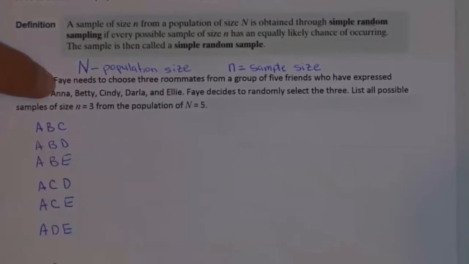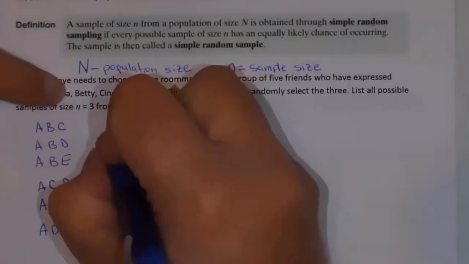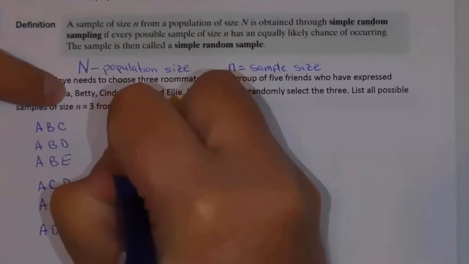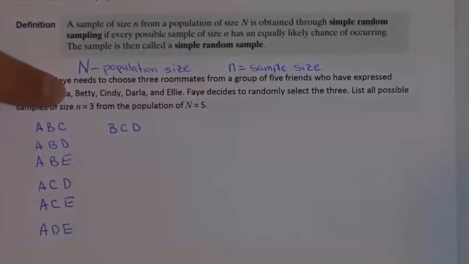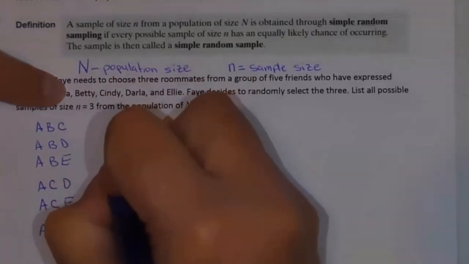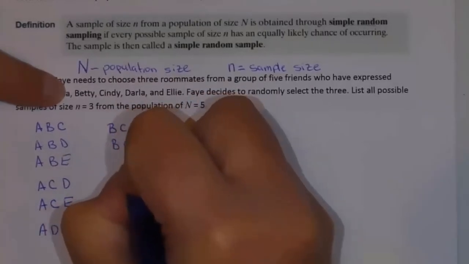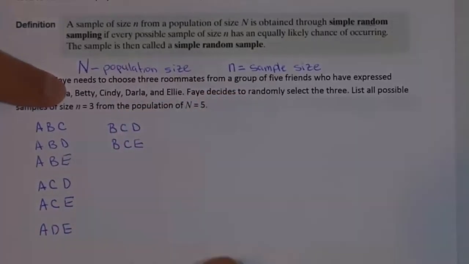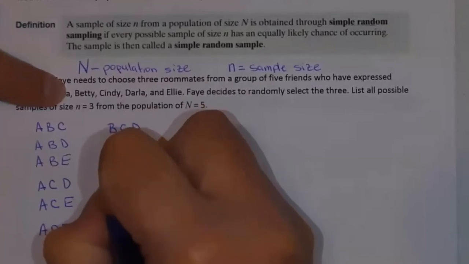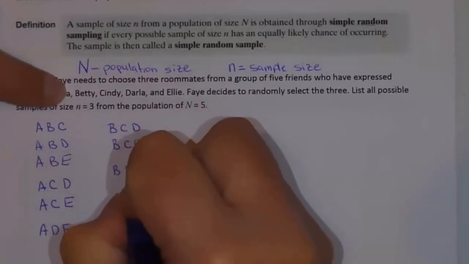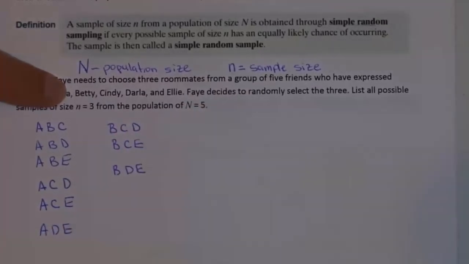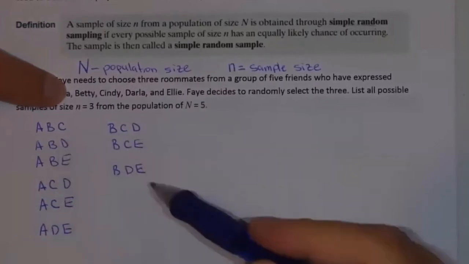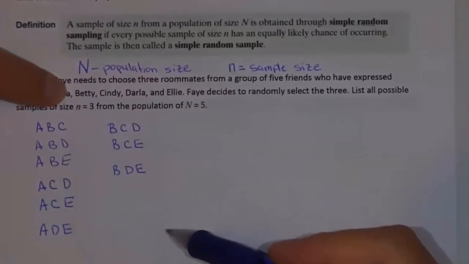Now there are still other samples possible though. These all involve Anna, but there can be some samples where Anna's not involved. So for example, we could have Betty, Cindy, and Darla. That's a different sample. We could have Betty, Cindy, and Ellie. That's a different sample. And we could have Betty, Darla, and Ellie. That's a different sample. Now I have accounted for all of the samples that Betty can be in.